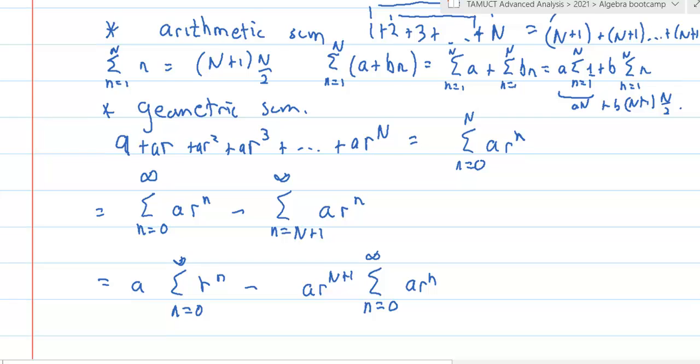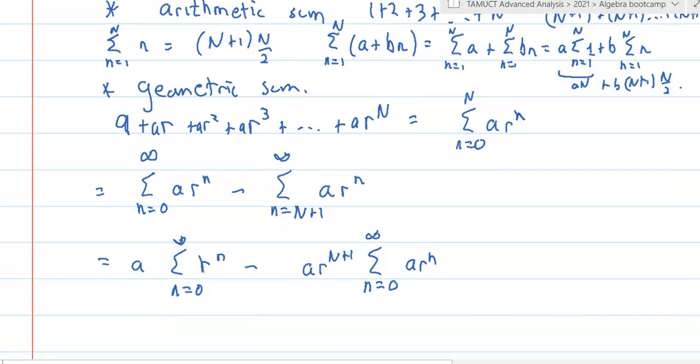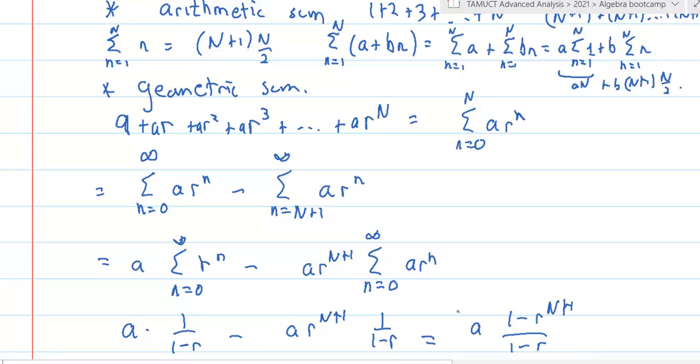All right, now, there is an expression for this summation here, which you can look up. And this is 1 over 1 minus r. And this is going to be minus ar to the N plus 1 times 1 over 1 minus r. So this is simply equal to a times 1 minus r to the N plus 1 over 1 minus r.